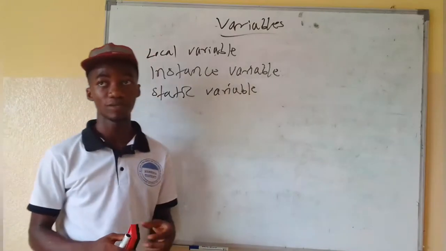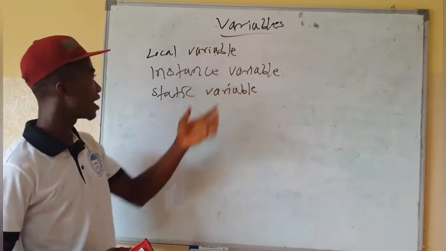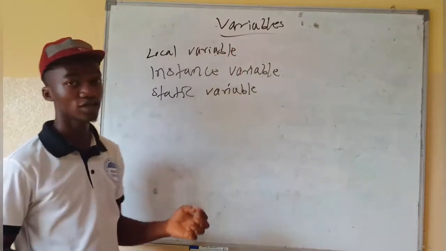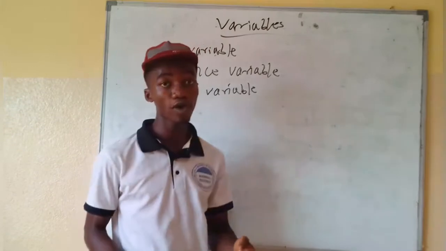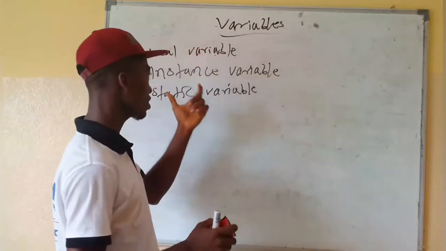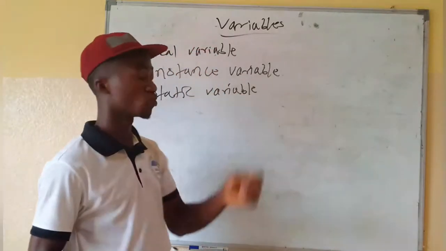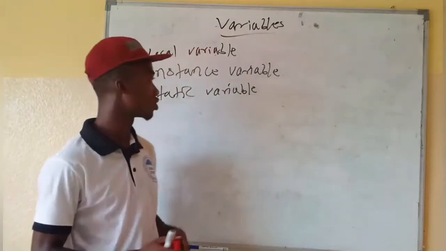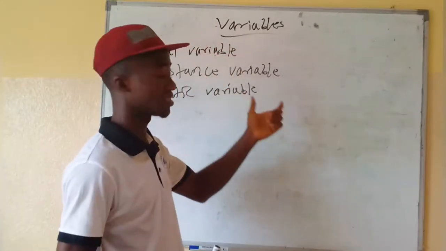When we talk about local variables, these are variables that are found within what? The method. Any method that you may call while you are executing your program, this particular variable is referred to as local variable. When we talk about instance variables, these are variables that are found within our class.